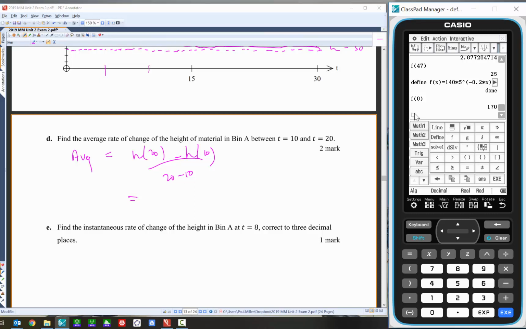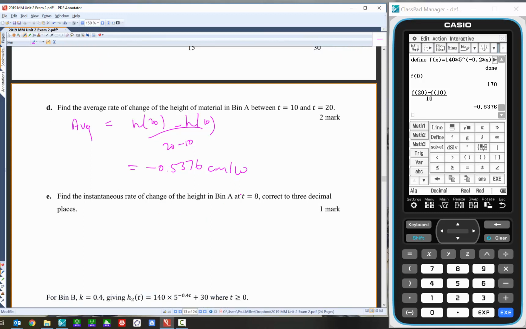Let's go shift divide, f of 20, take away f of 10, all over 10. And it's the exact value. We could convert that to a fraction or just 7.6. And what is the rate? Centimeters per week.